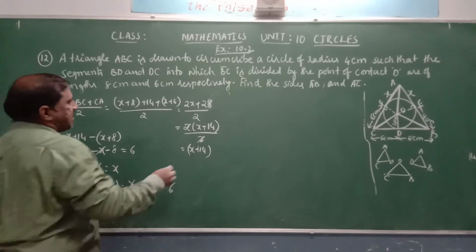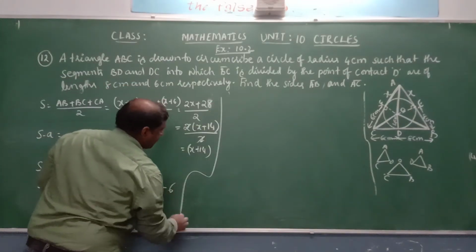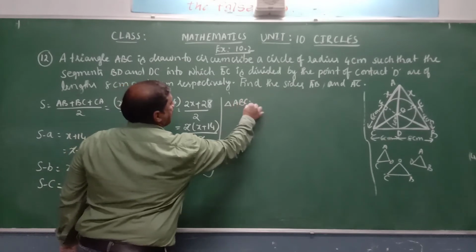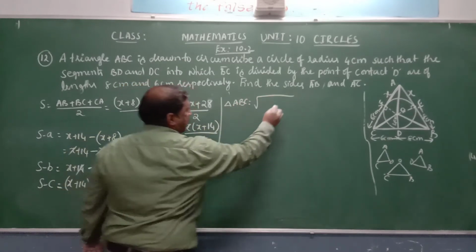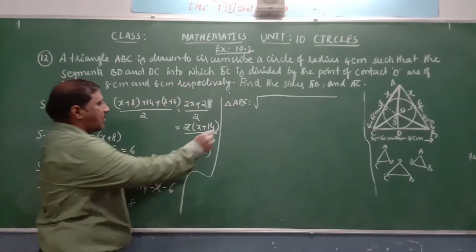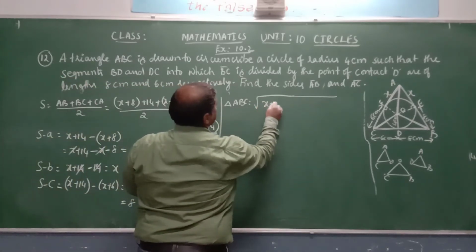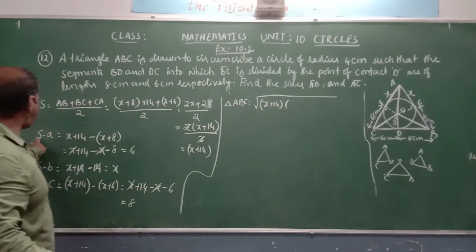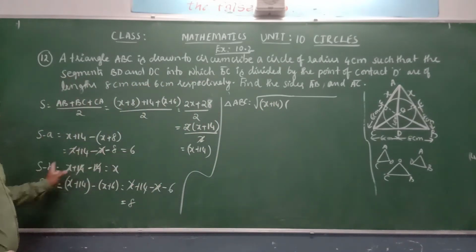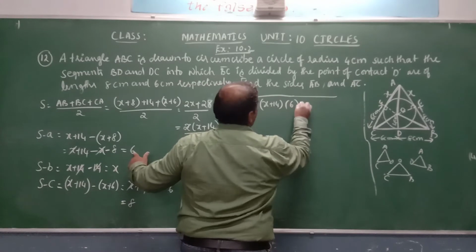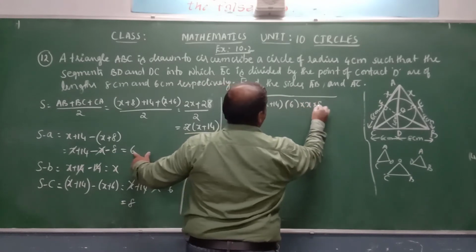Now substitute in the formula. Area of triangle ABC is equal to the square root of s into s minus a, which is 6, s minus b, which is x, and s minus c, which is 8, where s is x plus 14. That is 6 into x into 8.